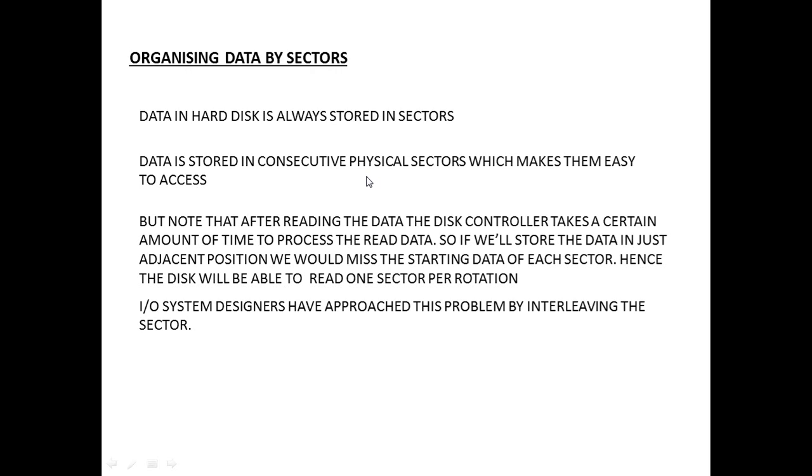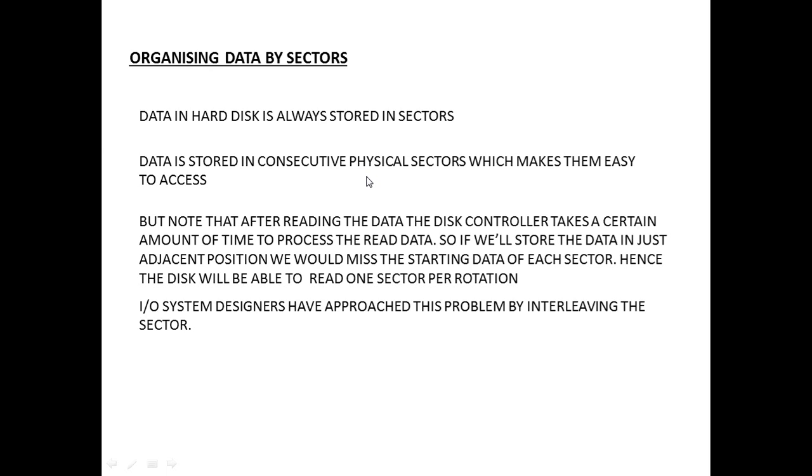See, while organizing the data, we see that data is stored on a particular sector, right? And when the read write head moves over a particular sector, it reads it. If the data is stored together, then it will obviously be easy to read. So it's a preferable choice that we keep the data on consecutive sectors, right?